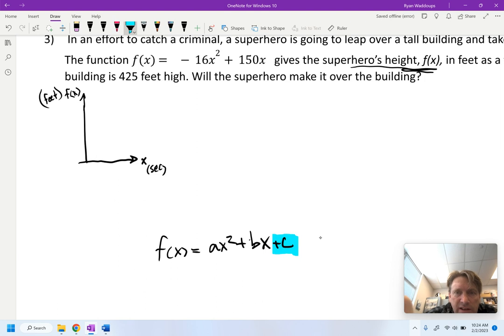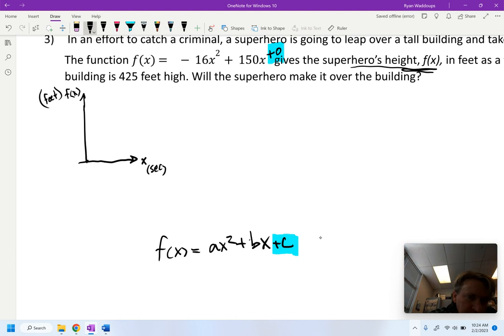But this one doesn't have a constant term, which means that its constant term is 0. It would be the same as having here plus 0. And so the superhero is starting to jump from the ground. This is just different than the last examples that we've done. So he jumps up and he goes up and he comes back down. And what we want to know is his height at least 425 feet? We don't know yet. We're going to calculate it.